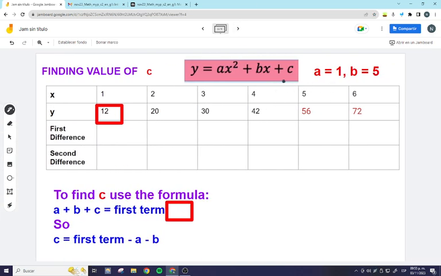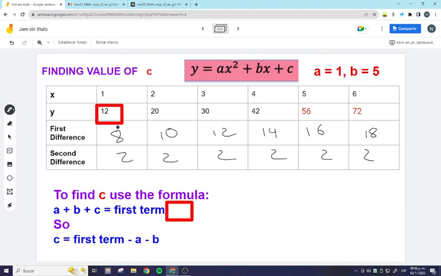Now remember, we already know that A is 1 and that B is 5. Here I didn't complete the chart, but anyway, we know that this is 8, 10, 12, 14, 16, 18, and all of this is 2. In order to find C, we use the formula A plus B plus C is the first term. What are we talking about when we say first term? The first result for position 1.